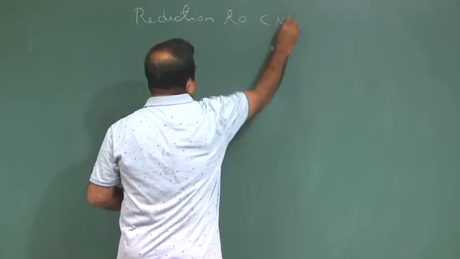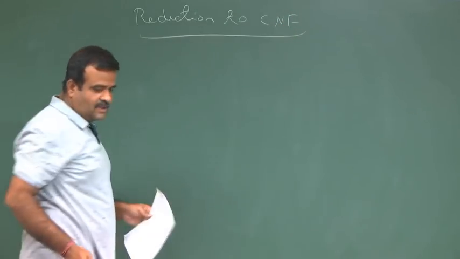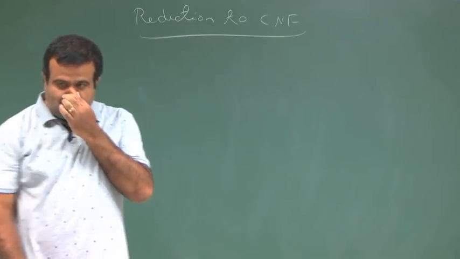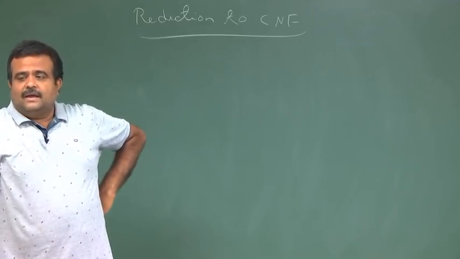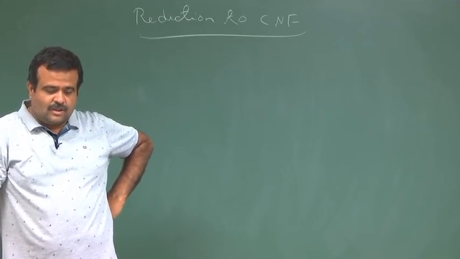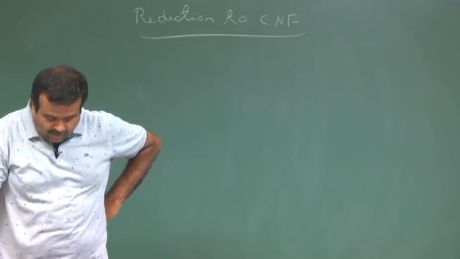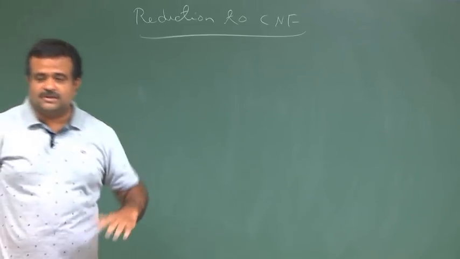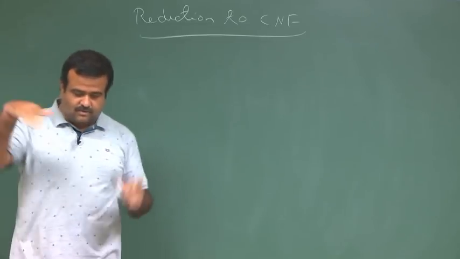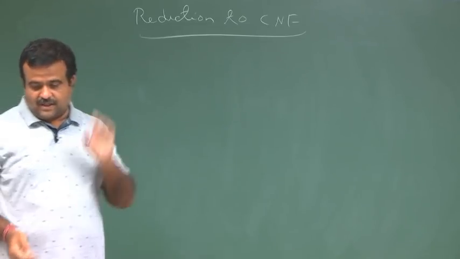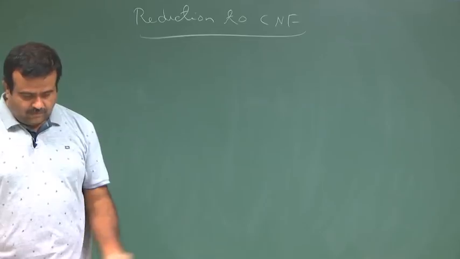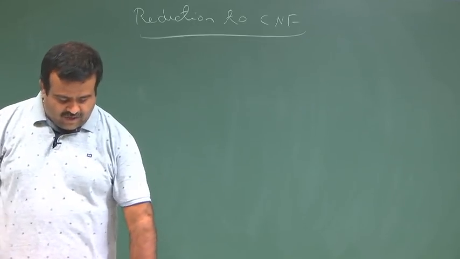That means given a grammar, how we can convert it into the normal form. There are two normal forms, but we will discuss the CNF first, then we will discuss the GNF. Okay, so how can we do that?